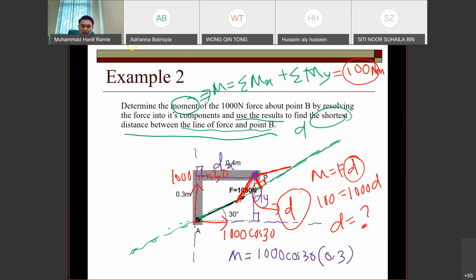Then you have to bear in mind the sign, meaning where is negative and where is positive. For this case, it should be negative, and the y component should be positive. I will explain why we get negative and why we get positive. Sine 30, the distance should be 0.4. You will get the answer for the moment about point B.